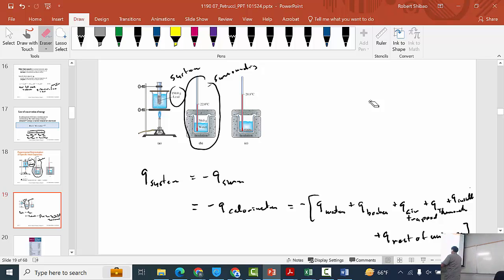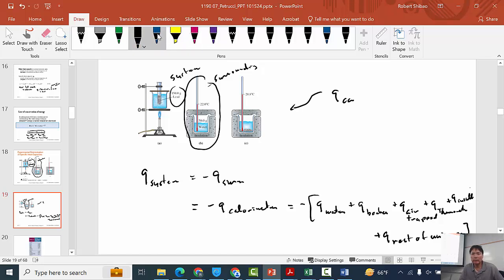So what we do is we treat this whole thing as one object. The reason we do that is because we can do something called calibration. That is, we can dump a known amount of heat in here and then see how much the temperature rises. So Q of the calorimeter is equal to the amount of calorimeters.